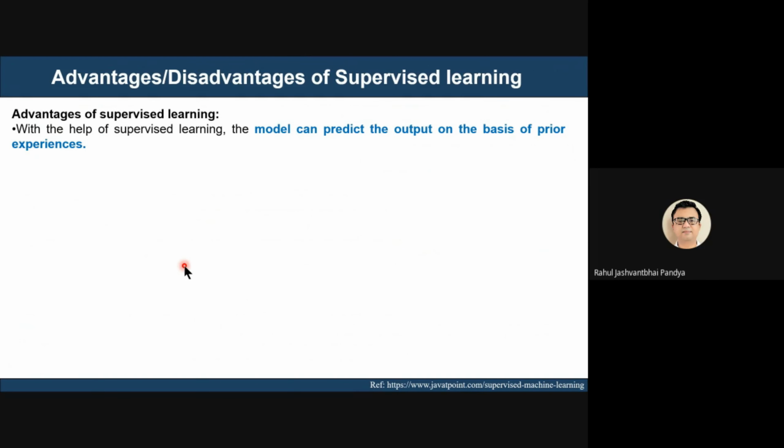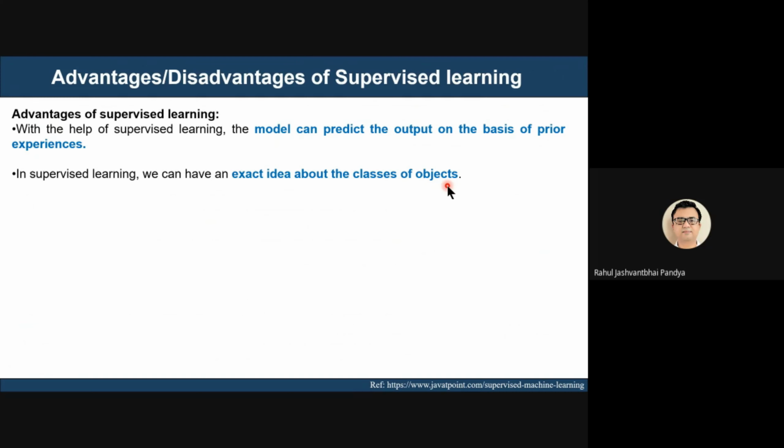The advantages and disadvantages of supervised machine learning. Some of the advantages are that the model can predict the output based on prior experiences. So we need prior experiences in order to predict the correct outcome. In supervised machine learning, we can have an exact idea about the classes of the objects.